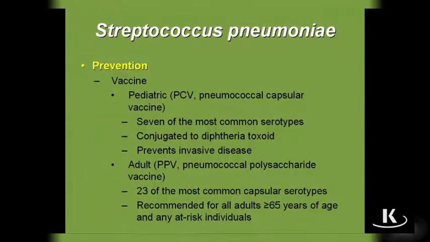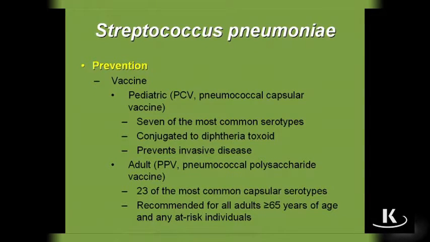It does work. And the reason that we vaccinate children for strep pneumo is those 7 serotypes are the ones that are most prone to invasion. So most prone to causing meningitis, most prone to causing pneumonia. So in the pediatric case, we're just trying to prevent serious disease from Streptococcus pneumoniae, okay?